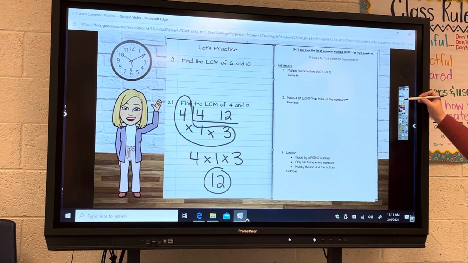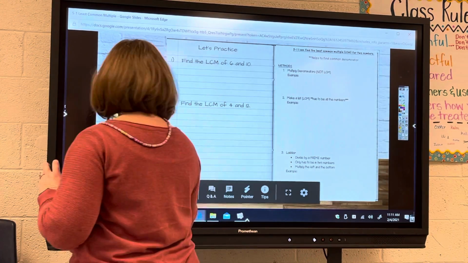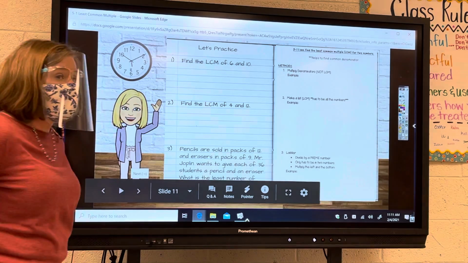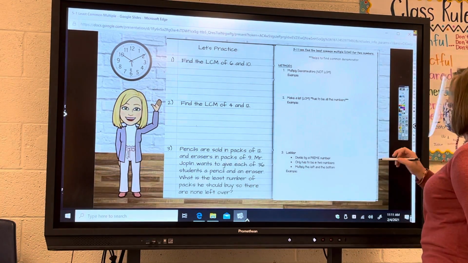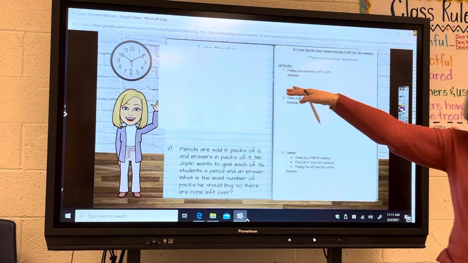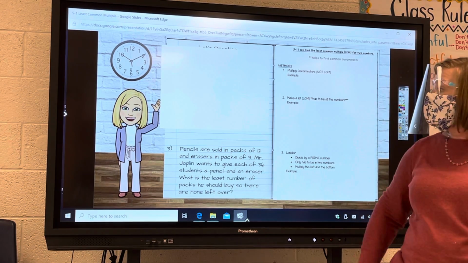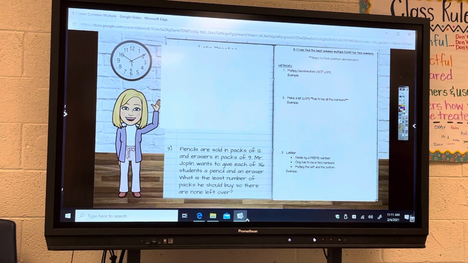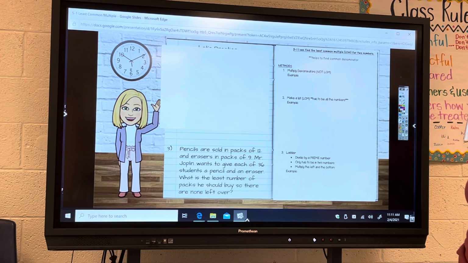So, the last one that we're going to do is a word problem. And I'm not asking you to write this word problem on your paper, but we are going to work this word problem out on the rest of your paper. I'm going to do this right here just so I can work at the top because I don't have any more room at the bottom. Pencils are sold in packs of 12 and erasers in packs of 9. Mr. Joplin wants to give each of 36 students a pencil and an eraser.